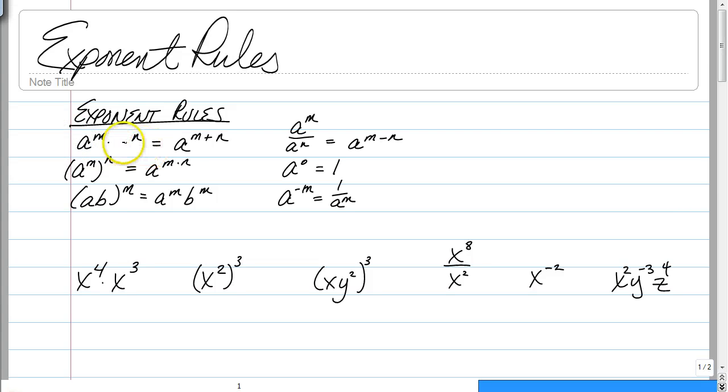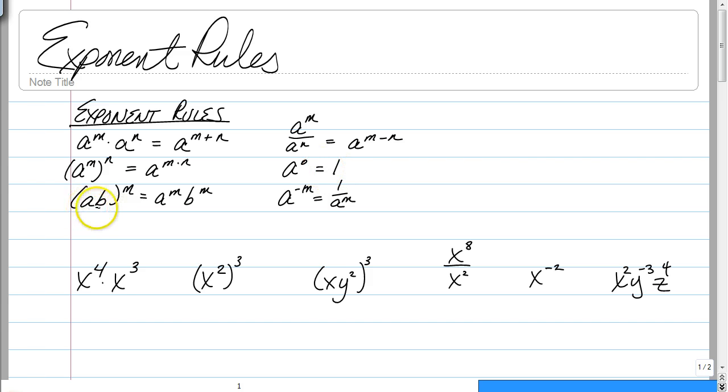Another rule that you need to know is the opposite of multiplying is dividing. So when you have a to the m divided by a to the n, that's a to the m minus n. Okay? So when you're dividing, you actually subtract the exponents. When you raise an exponent to another exponent, you multiply. When you raise anything to the power of 0, it's 1.